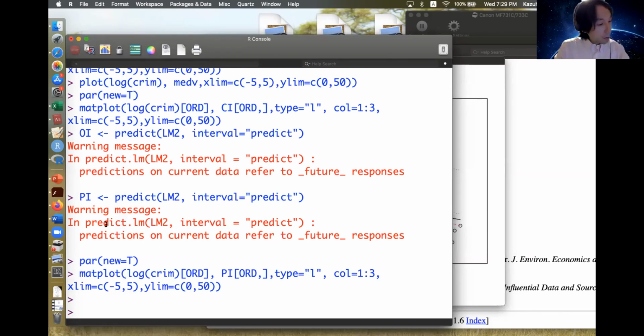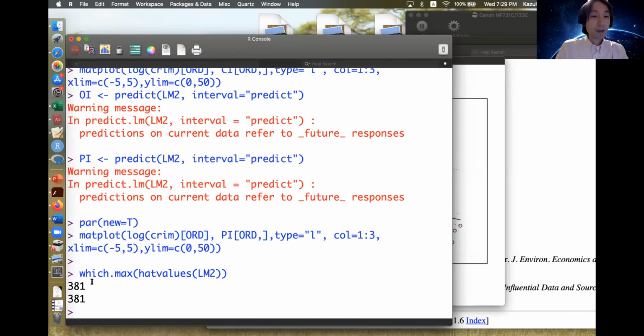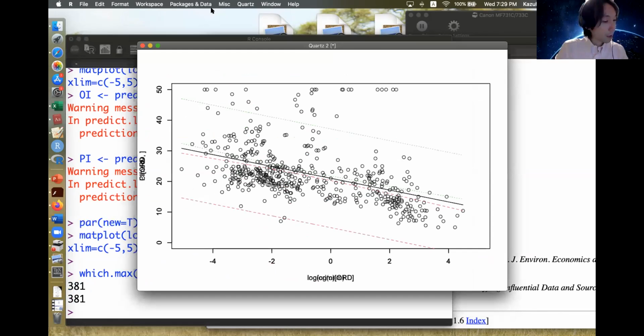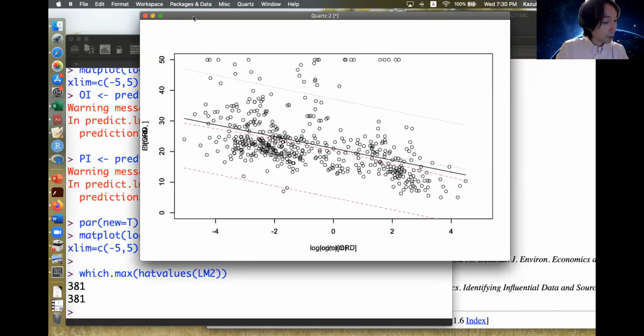And now we think about which observations are more influential, with higher leverage. Then the 381st observation has the largest HAT value, that is the largest leverage.